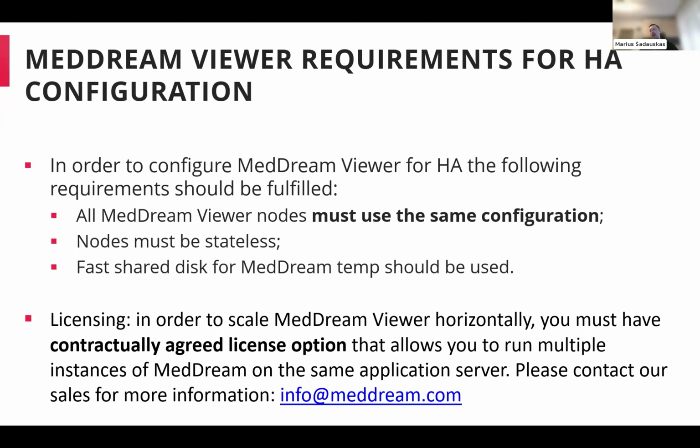So if you are using the application property, system JSON, global JSON, all these configuration files, rebranding or any other files, everything must be the same. And nodes must be running stateless, and a fast shared disk should be used, as I mentioned, for storing MedDream temporary cache files and so on.